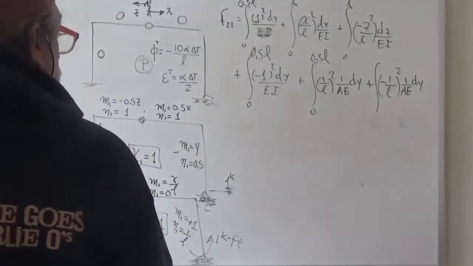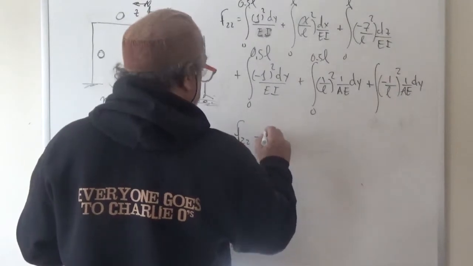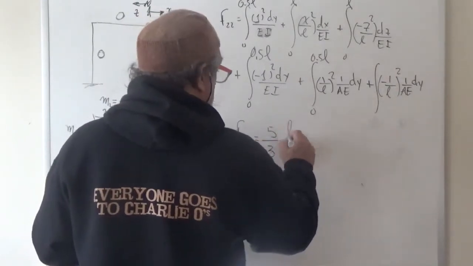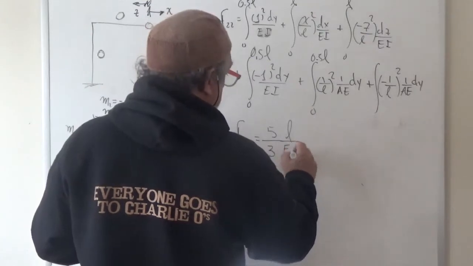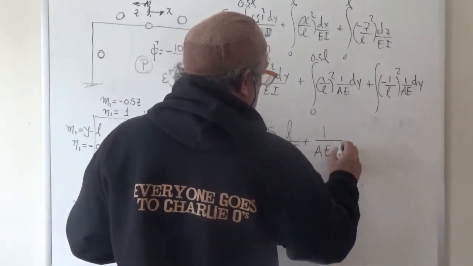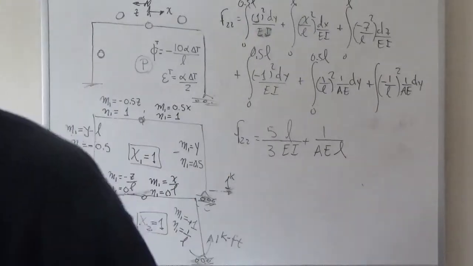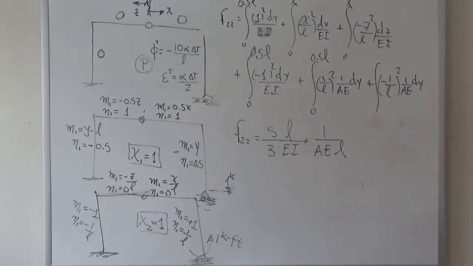So that's F22. You plug it all in, and if I didn't screw up, it's 5/3 of L over EI plus 1 over AE L. So I will write it down. F22 is equal to 5L over 3 EI plus 1 over L AE.